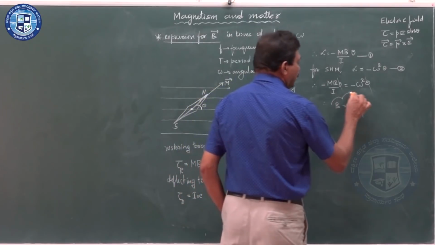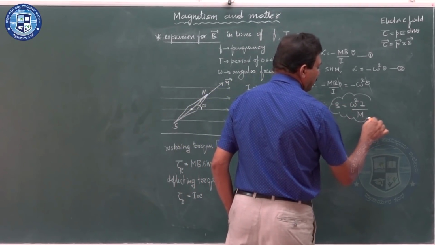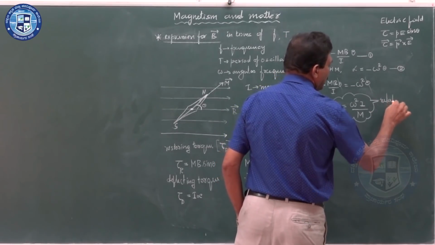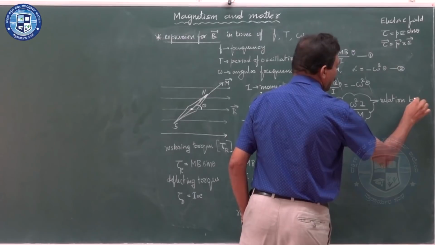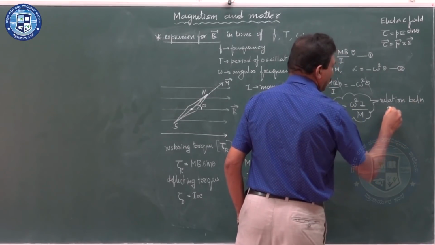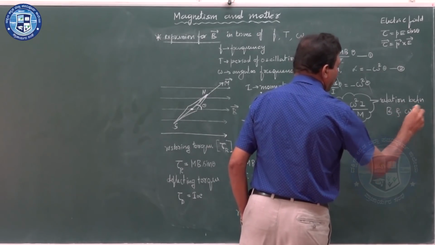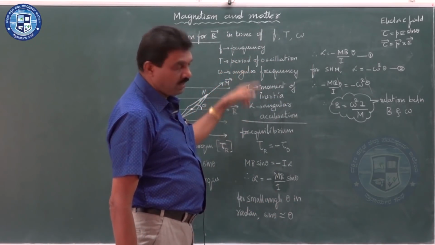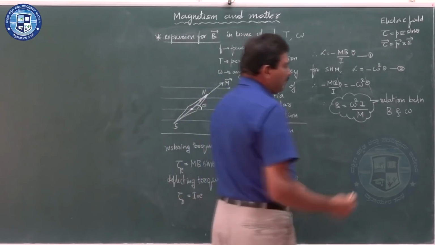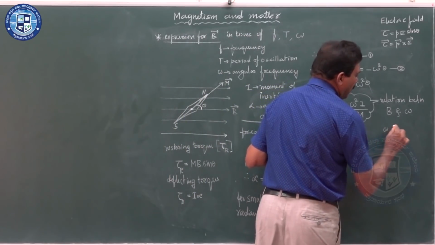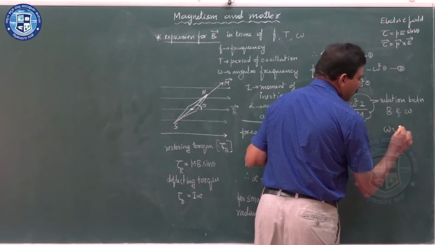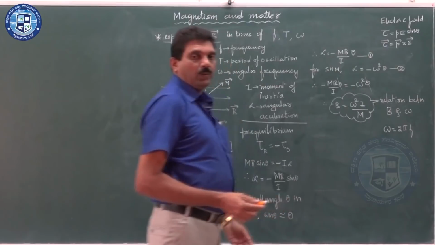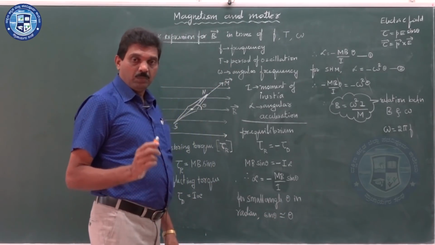So, what is this? This is the relation between magnetic field and angular frequency. Omega is the angular frequency. We know omega is equal to 2 pi f.